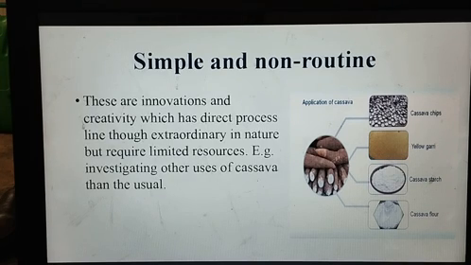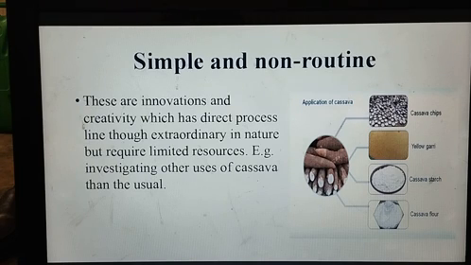We see that these ones depict creativity and innovation, and also have direct process lines. But keep in mind that here a learner has to take an extraordinary step in analyzing the nature of the problem, and these also require limited resources.